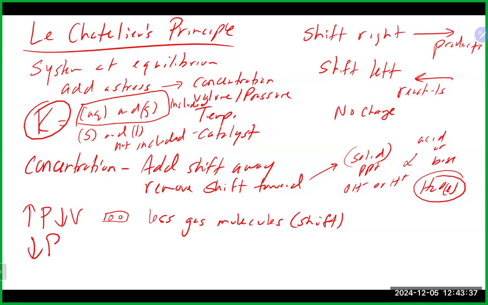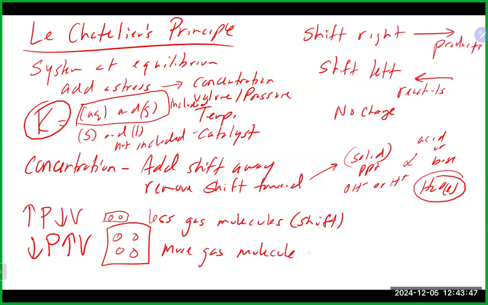If you decrease the pressure, the volume goes up. So now you have a bigger volume. So to fix the pressure from going down, you need more gas molecules in that area. And that is the side it would shift to. Obviously, that is dependent on the reaction that you're talking about as to which side has more or fewer gas molecules in that particular case.